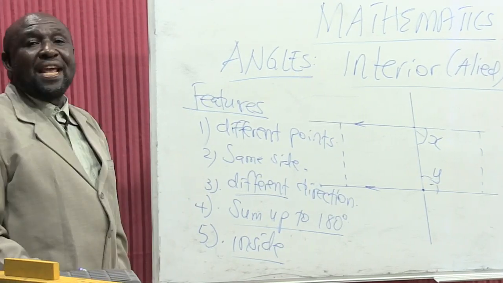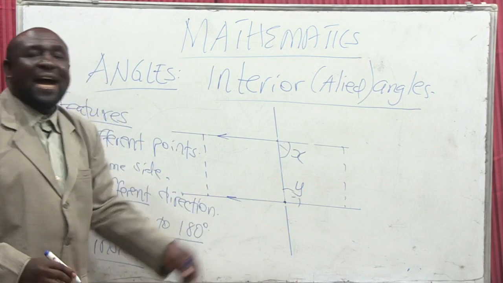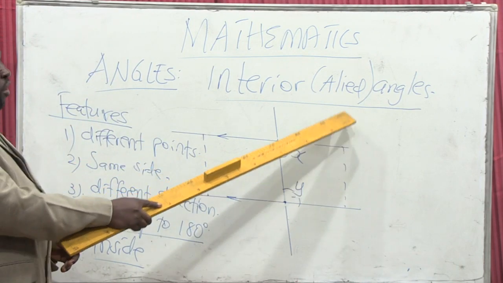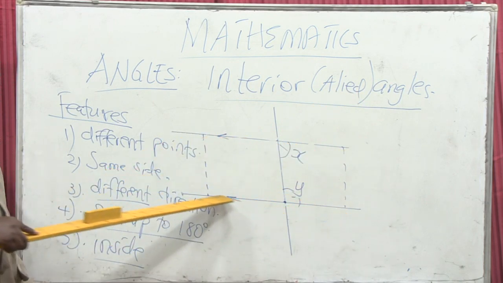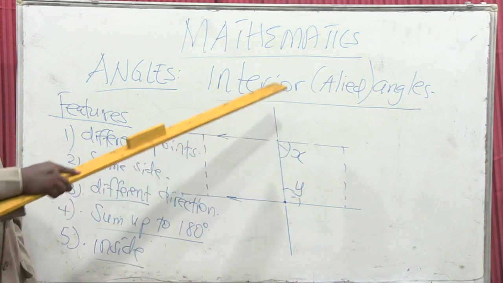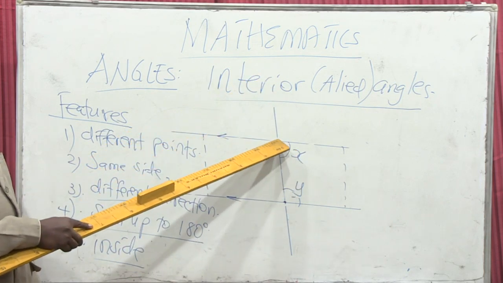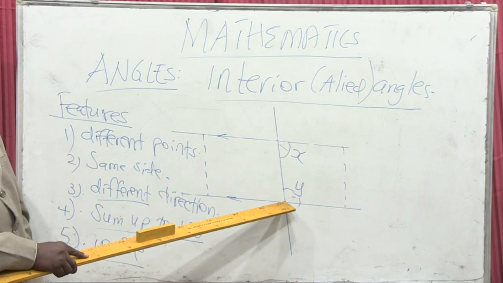X and y are interior or allied angles because we have a pair of straight lines and we have a transverse line. And x is at that particular point, y is at that particular point, the points are different.